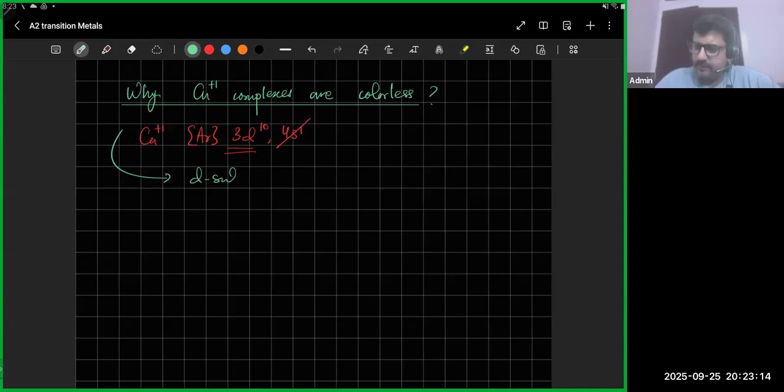The d subshell is full, and electrons cannot go into an excited state, cannot absorb frequencies from the visible spectrum.